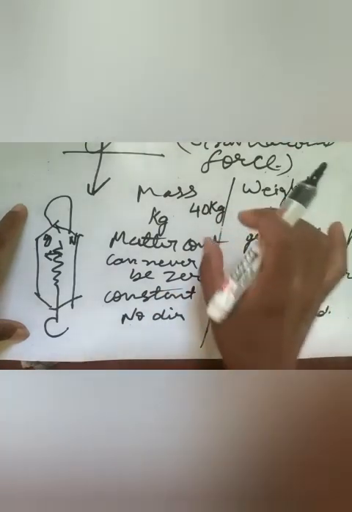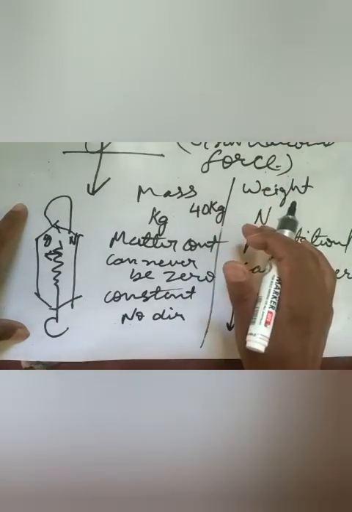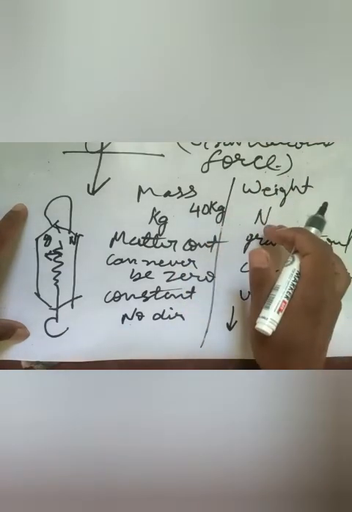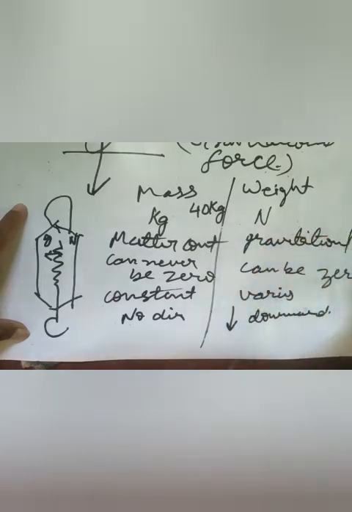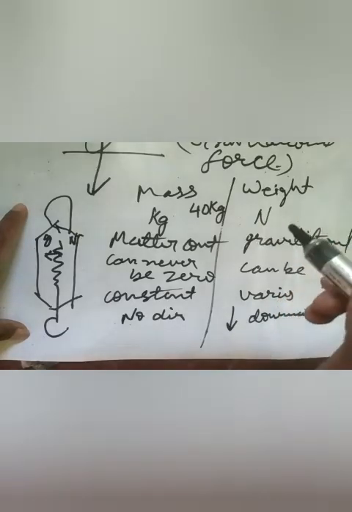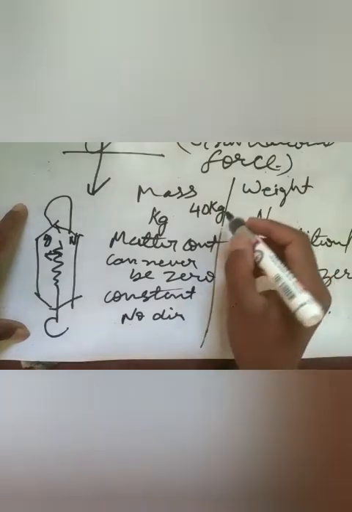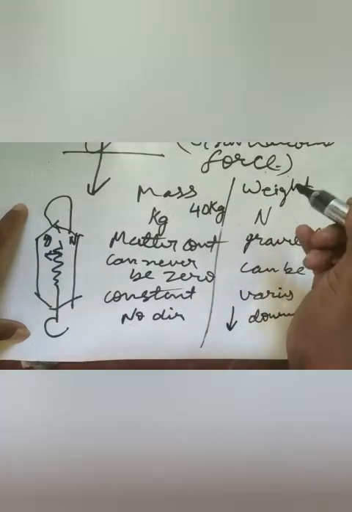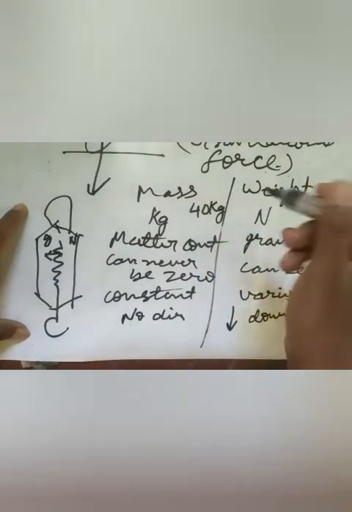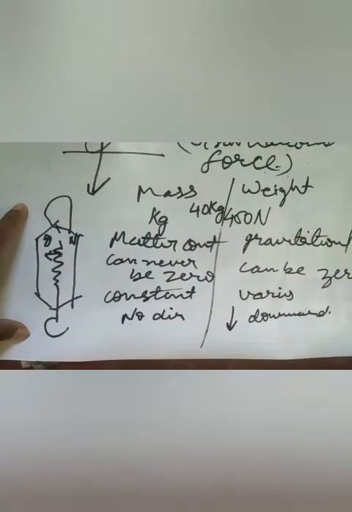But just think about it: multiply by something which will convert it into Newton. So that something is 10, and that 10 is actually acceleration due to gravity. That much is enough for you. So multiply that acceleration due to gravity, which is 10, into this, so it will be 400 Newton.